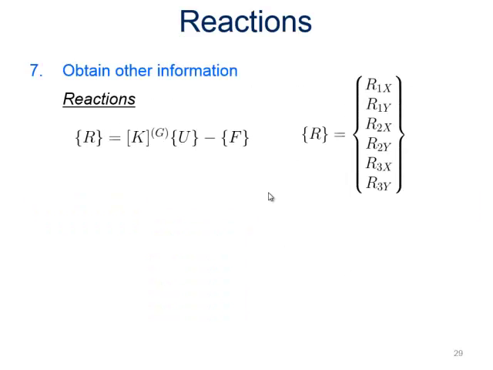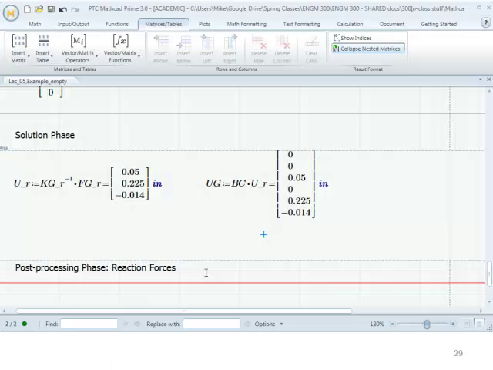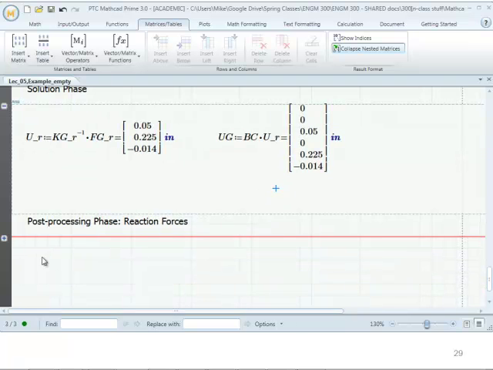For the reactions, this came from mainly last time, but we can take the global stiffness matrix times our global displacements, and then subtract off the force matrix, and that'll give us the reactions. What are the reactions at each node? All right, and if we do that, we should come up with this. So let's do that in our Mathcad file here.